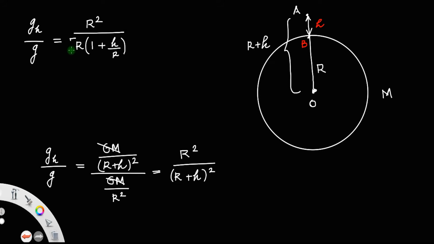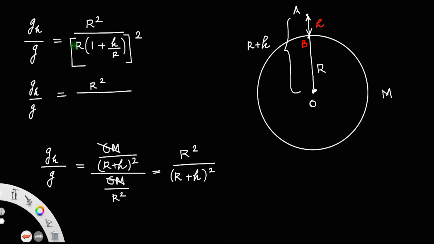Then you have to completely square it. This is equal to r into 1 is r, r into h by r is equal to h. This r and this r will cancel. So there is no difference between these two equations. It's just the same.